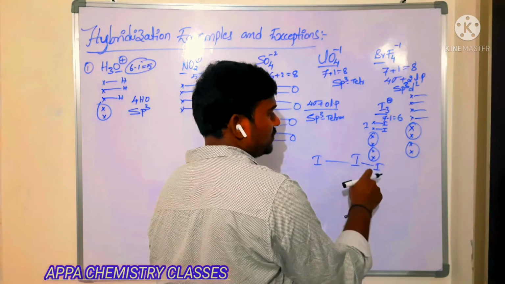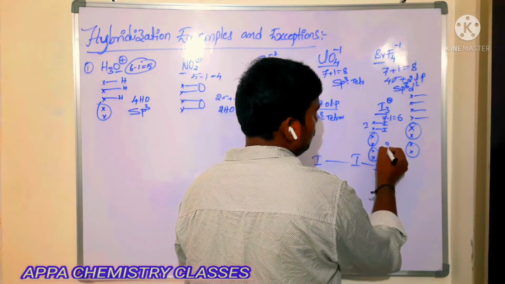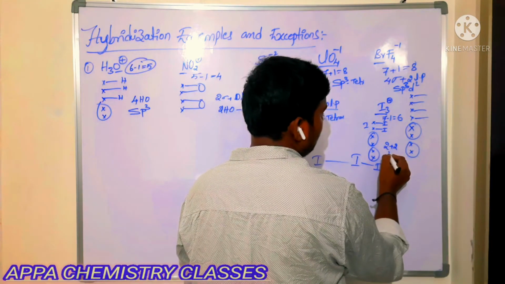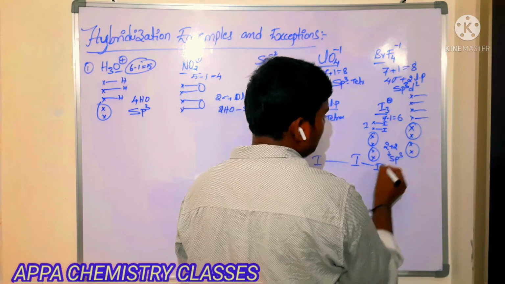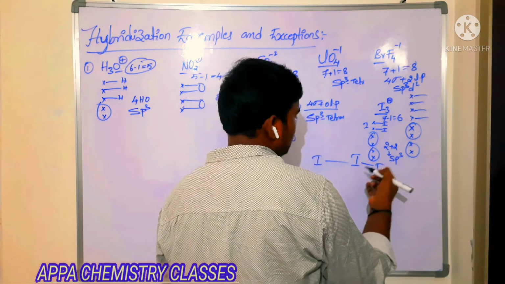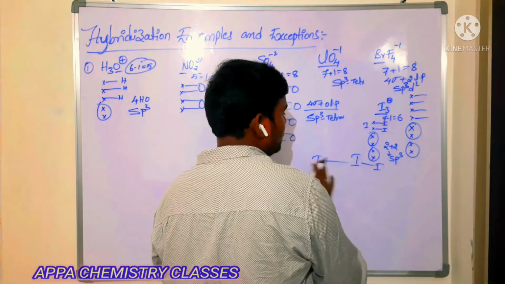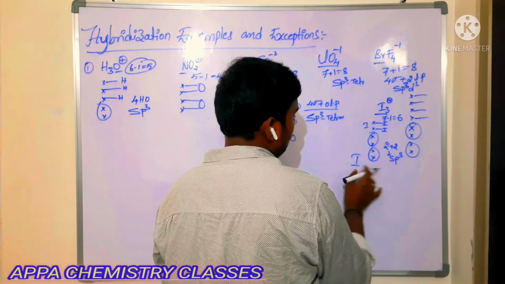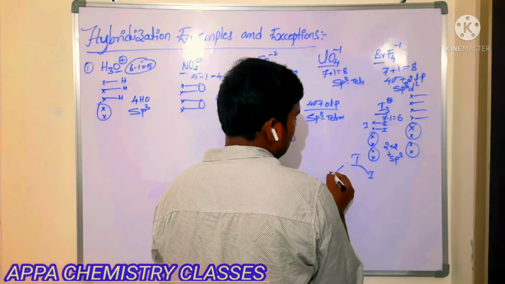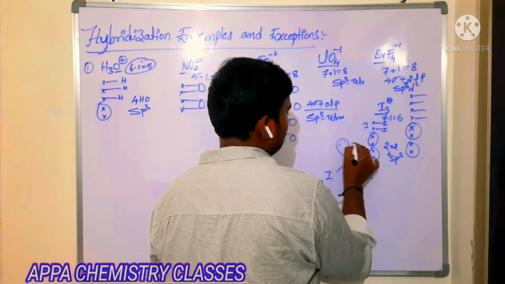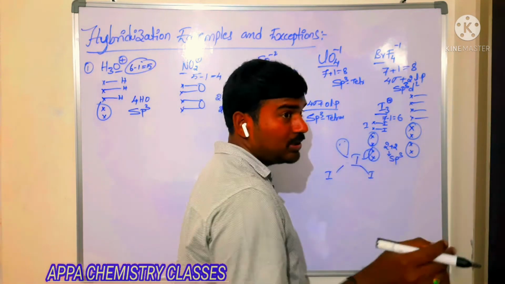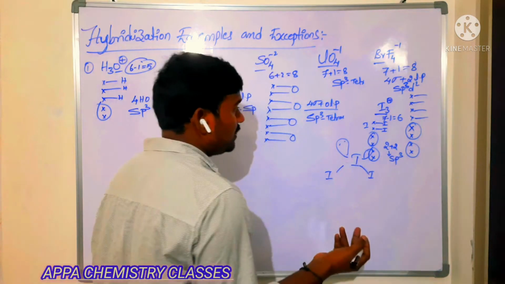So 2 plus 2, that is 4. 2 sigma bonds plus 2 lone pairs, that is sp3 hybridization with the 2 lone pairs. So angular shape. Okay na? Is that clear? So most important, ionic species.